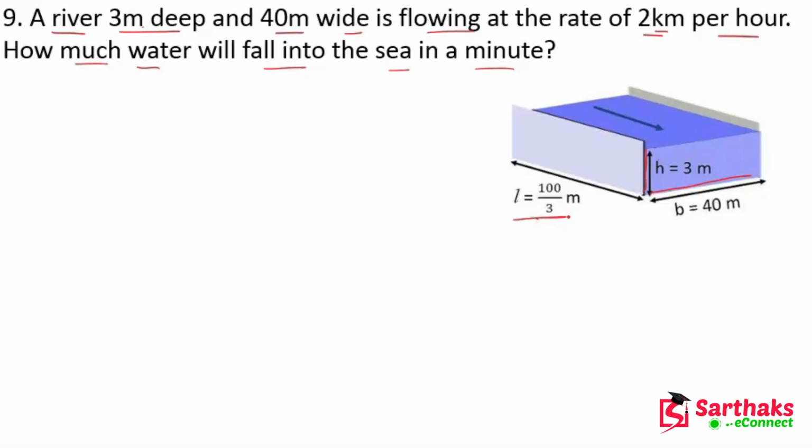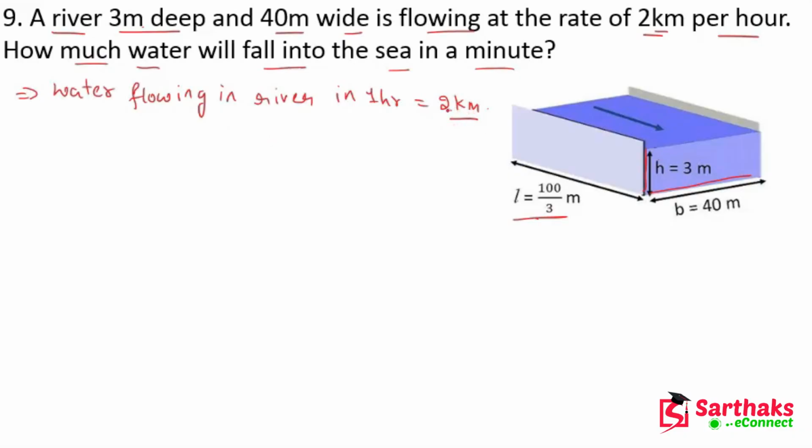So how can we calculate it? Let's see. Water flowing in the river in 1 hour is equal to 2 km. Means in 1 hour the water covered a distance of 2 km.